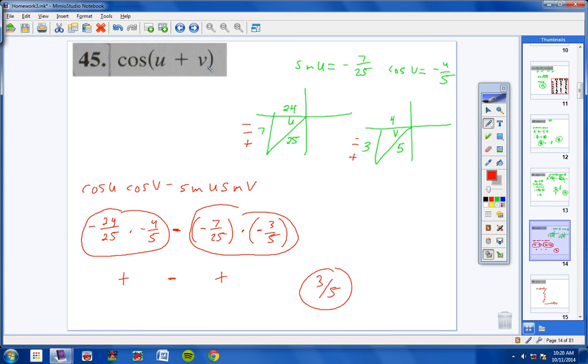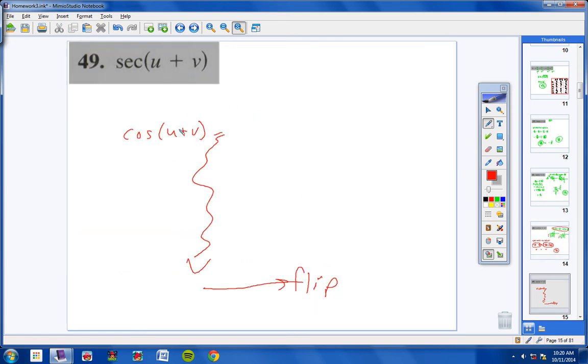So we know the cosine of u plus v, using the exact same values, is 3/5. Just flip that and you'll get 5/3. So the secant of u plus v is 5/3. Pretty simple on that one. All right, moving on.